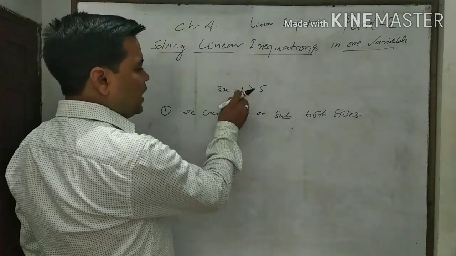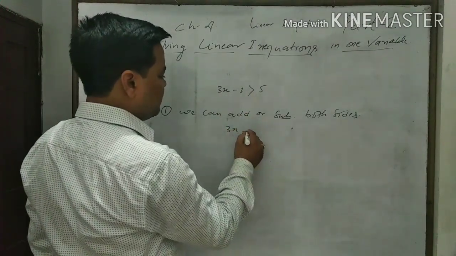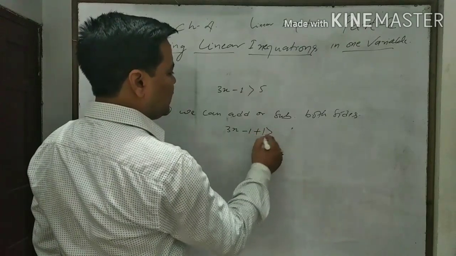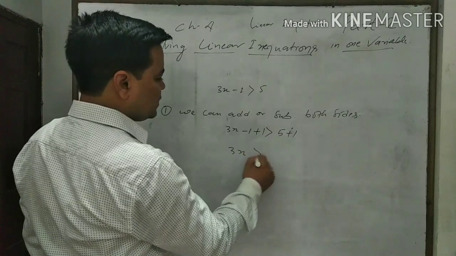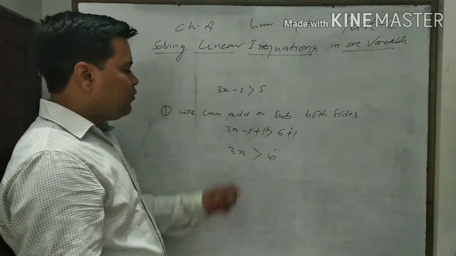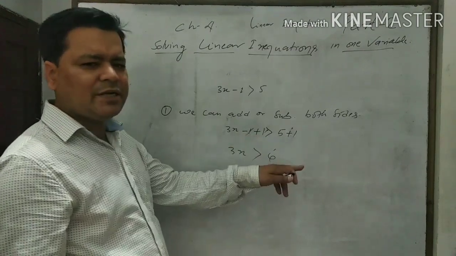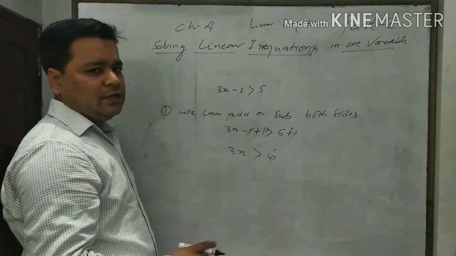Here if we add plus 1 on both sides, then what will be? It will be 3x minus 1 plus 1, and here 5 plus 1. Then its value will be 3x, and here this cancels, and it will be 6. It means if we add or subtract on both sides, there will be no effect on the inequation.